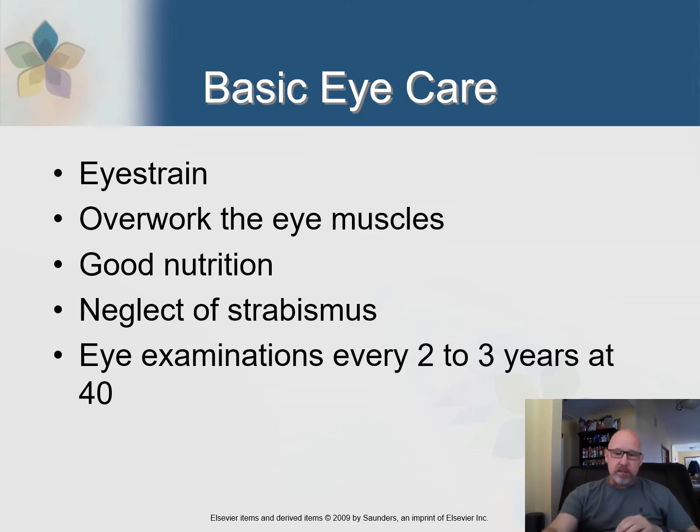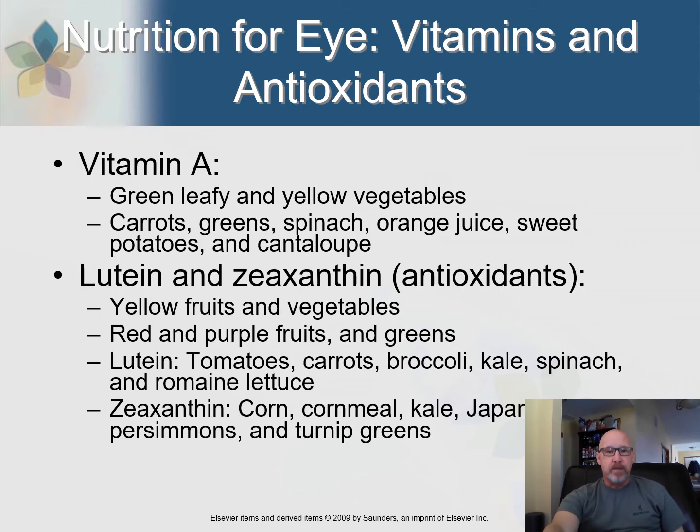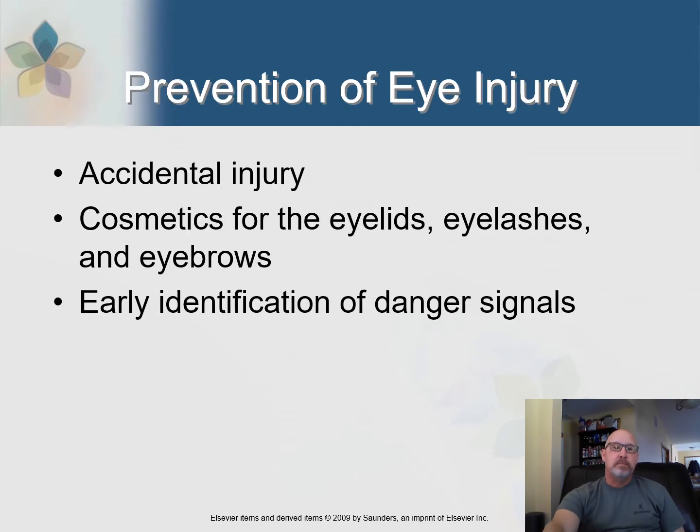Okay, so those are things that you can do. As I said before, here are some of the vitamins: vitamin A and antioxidants. These are very helpful to eye health. We talked about before, one of the biggest things that cause complications of the eye is cosmetics. And truth be told, you really want to get rid of your eye makeup.